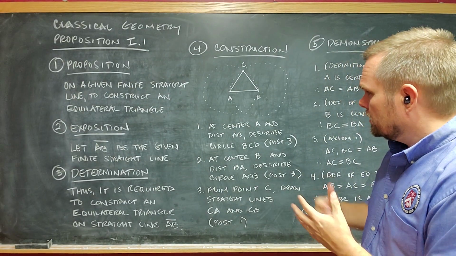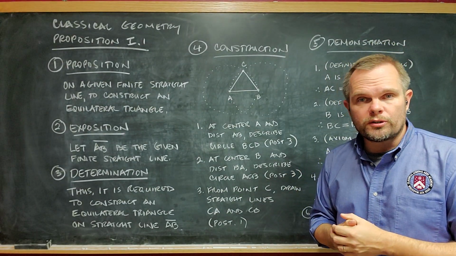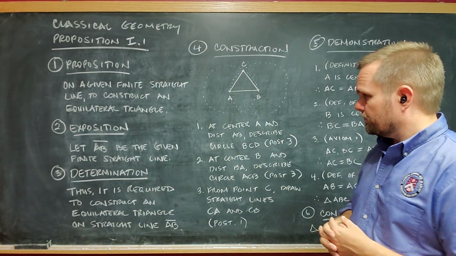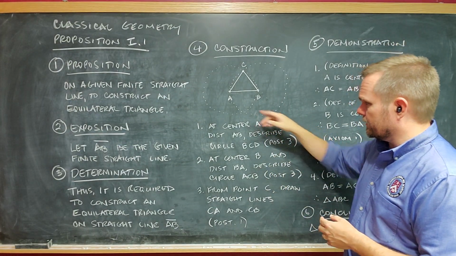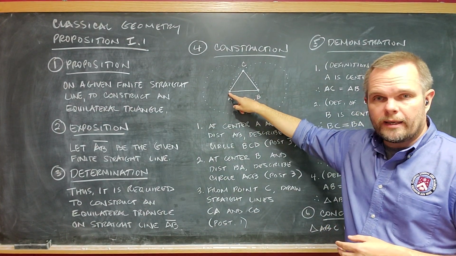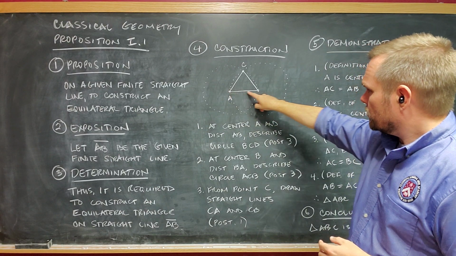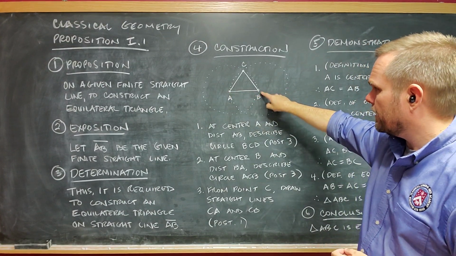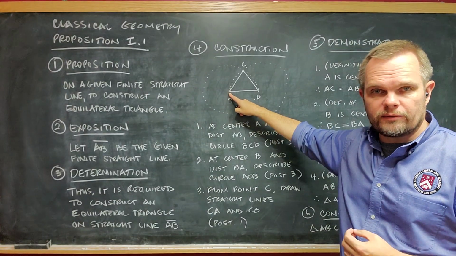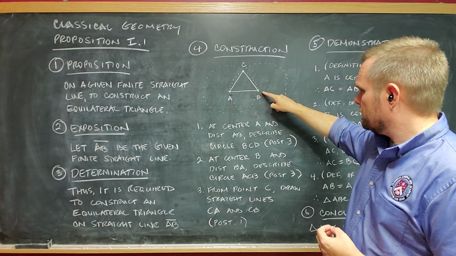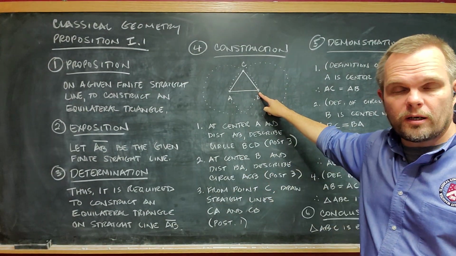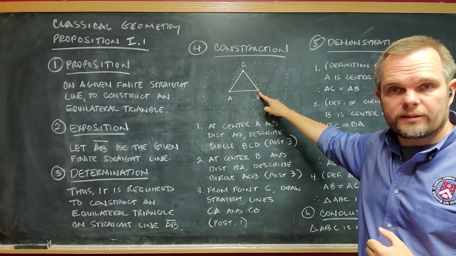All right? So here's how the construction is made. The first step is we start with point A, and we look across to point B, and we imagine that point A is the center of a circle, and point B is the distance to the circumference from that center.